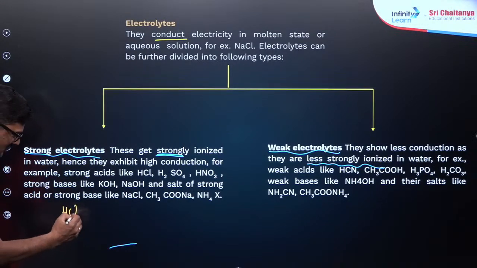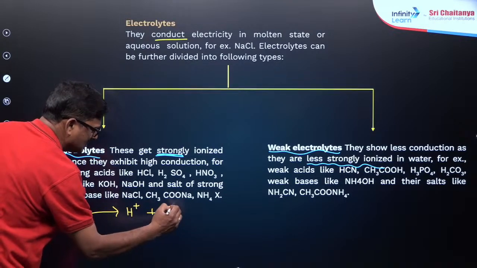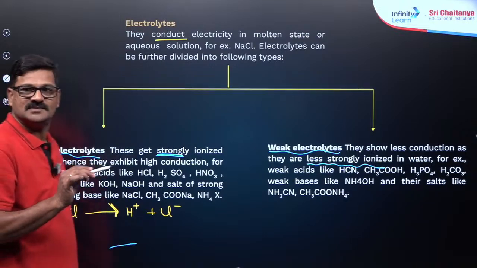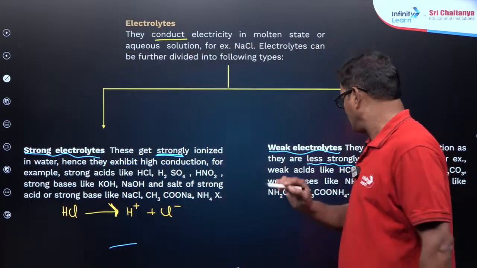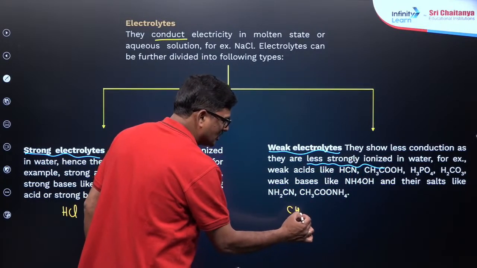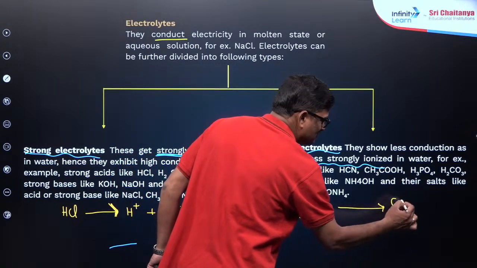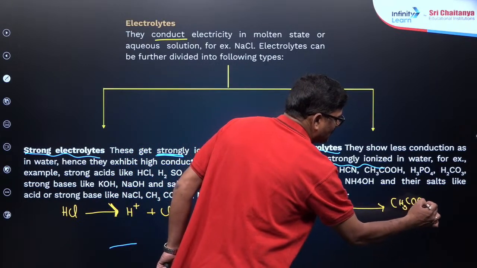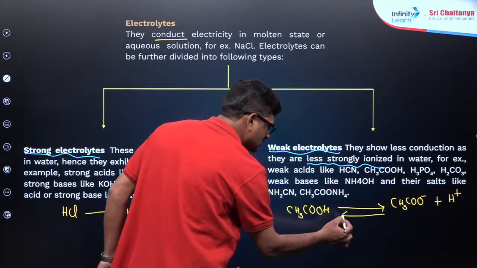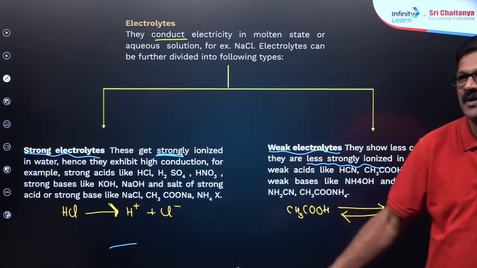When HCl is taken, it is going to give rise to H plus and Cl minus. You can see this process is unidirectional and irreversible. When you talk about CH3COOH, an equilibrium exists between CH3COO minus and H plus, and the reaction is reversible. Are you getting it or not?